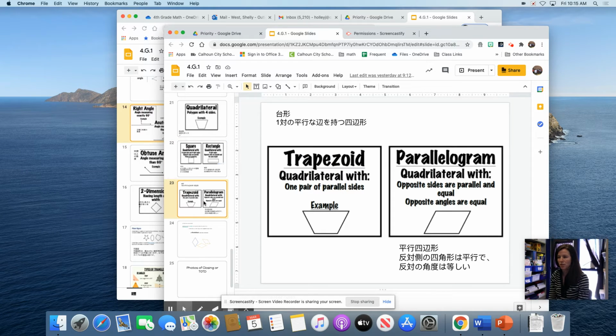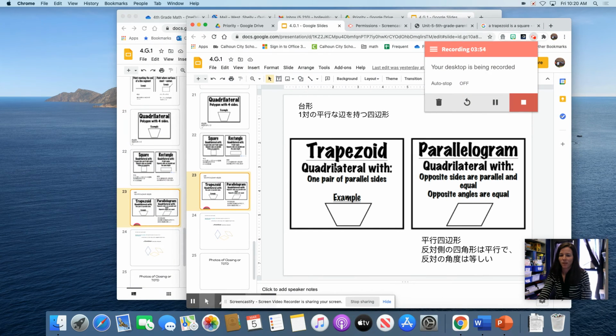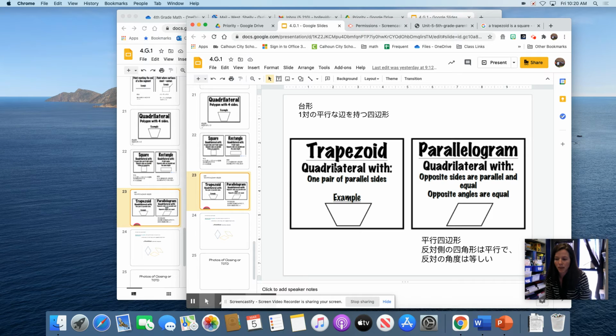Now, I told my students there has been a lot of talk about trapezoids all the time because a trapezoid is a quadrilateral with 1 pair of parallel sides. So does a square have 1 pair of parallel sides? Yep. So is a square considered a trapezoid? You guessed it. Yep. So again, a square can be a trapezoid if both sides are parallel.